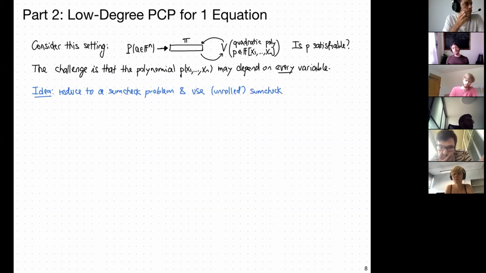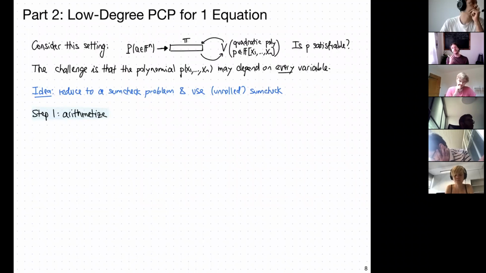So the idea would be to use a fundamental tool that we've used a lot in interactive proofs, and somehow make it work in the PCP setting. Let me remind you, sum check tells us something nice. If we're looking at a problem that can be expressed as checking that some low degree polynomial is equal to 0 on a certain cube, like if we have a cube and we want to know that the sum of the elements in this cube is 0, then we have this amazingly efficient sum check protocol.